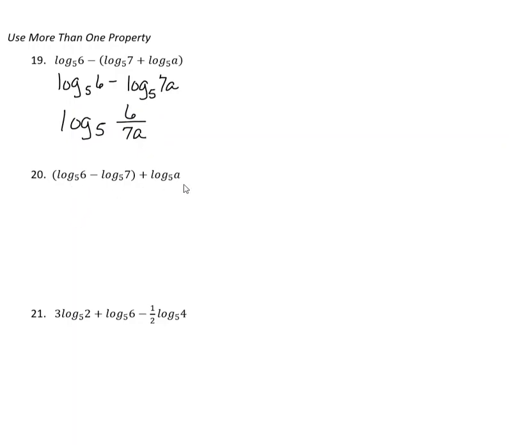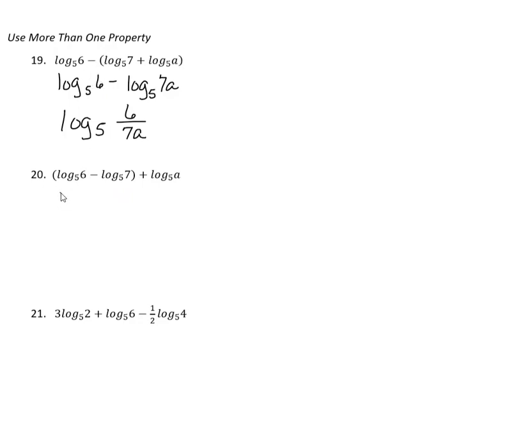And right here on problem 20, I could do this a couple of different ways. I could follow the order of operations, please excuse my dear Aunt Sally, do what's in parentheses first. Or I could drop the parentheses and just do the shortcut, realizing that whatever is added goes in the numerator, whatever is subtracted goes in the denominator. I could have done that on problem 19 as well, but I can't just drop the parentheses up here. I have to distribute that negative.